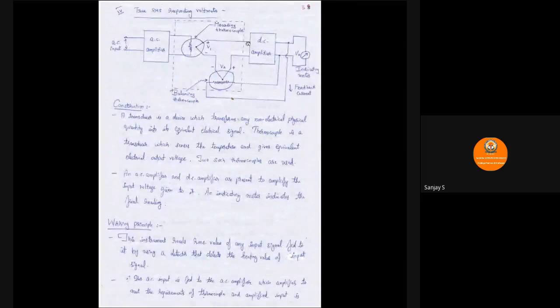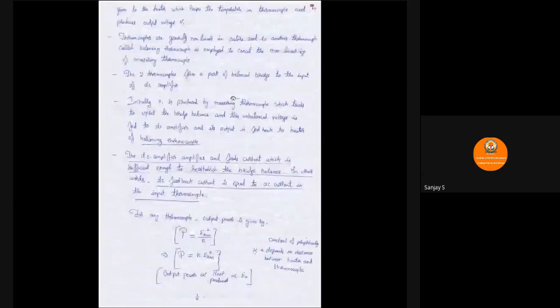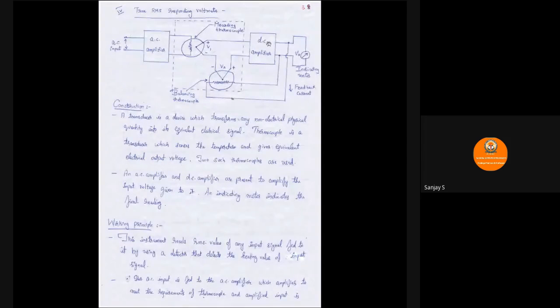We have the DC amplifier here. Initially you have V1 produced by the measuring thermocouple, which tends to upset the balance of the bridge, and then that is fed back to the balancing thermocouple. That feedback current goes to the balancing thermocouple, which produces heat energy that is again converted into electrical signal V2, such that V1 minus V2 is fed to the DC amplifier.